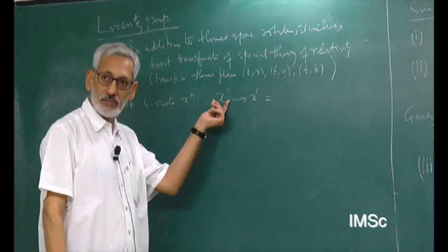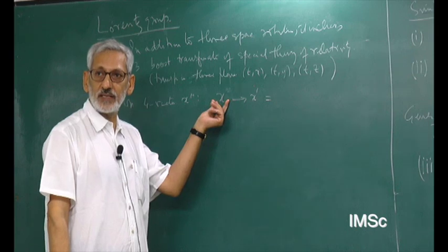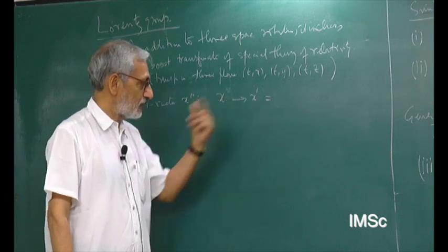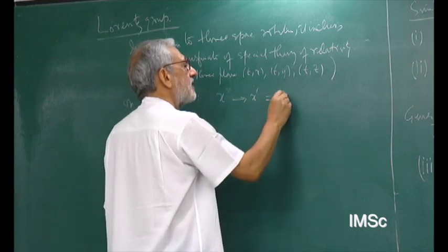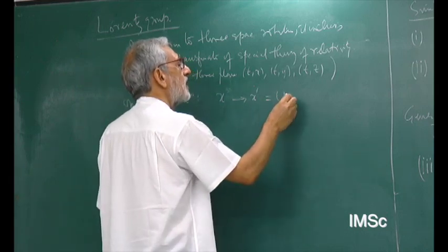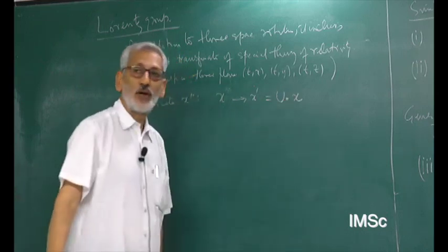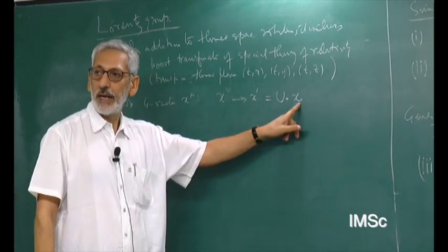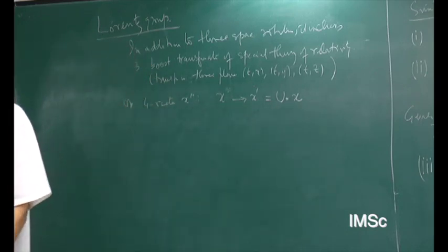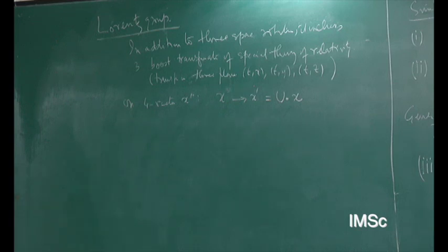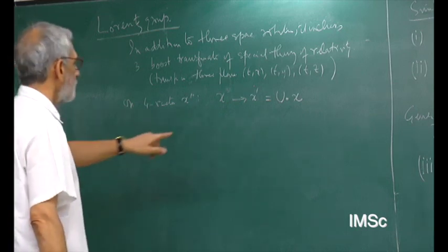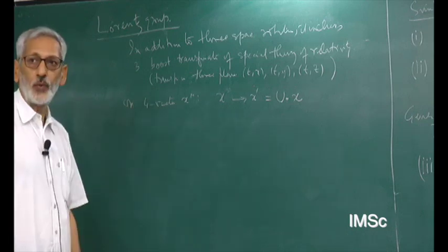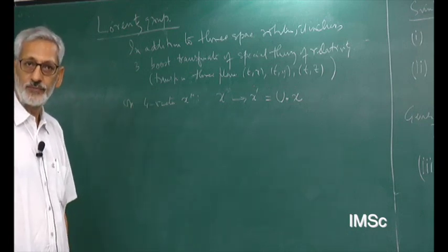This is a collective name for the 4 x's, x0, x1, x2, x3, or t, x, y, z, goes to some transformation matrix U, a 4 cross 4 matrix acting on x. That's how it acts on the 4 space-time coordinates. We'll specify how to write U.